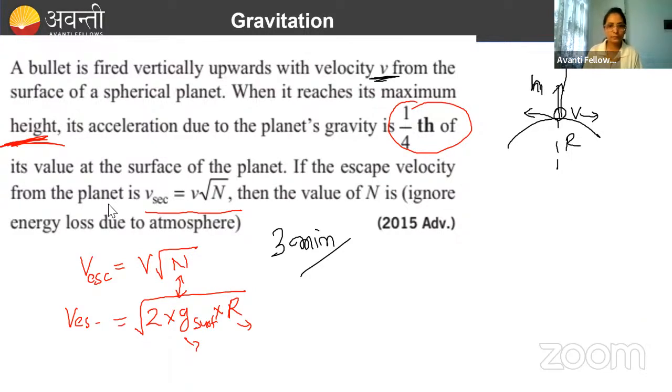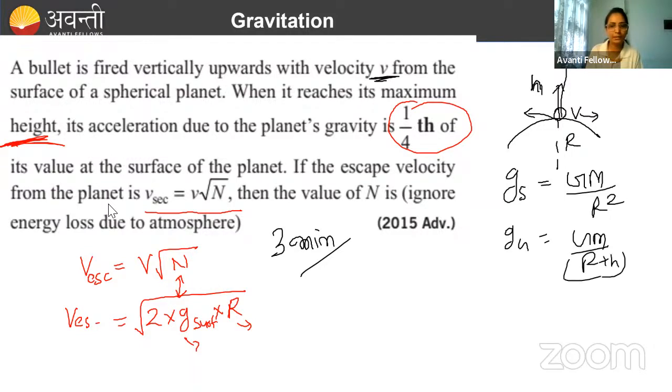Yes, correct. So what will you write for acceleration due to gravity at the surface? g at the surface will be equal to GM, mass of the planet, divided by R square. Done. At any height h, what will you write? You will write GM by (R plus h) whole square.